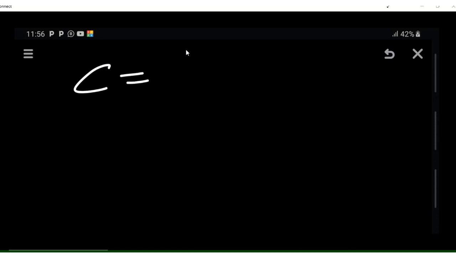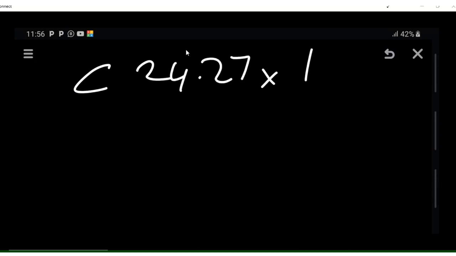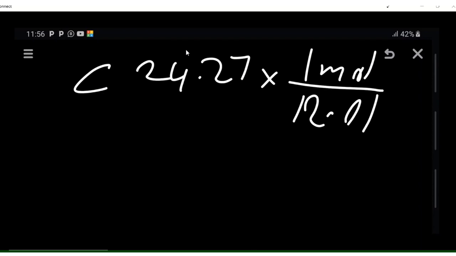Carbon is 24.27 multiplied by a mole over 12.01, and this one is giving us 2.0208. 24.27 divided by 12.01 is giving us 2. This one was correct.